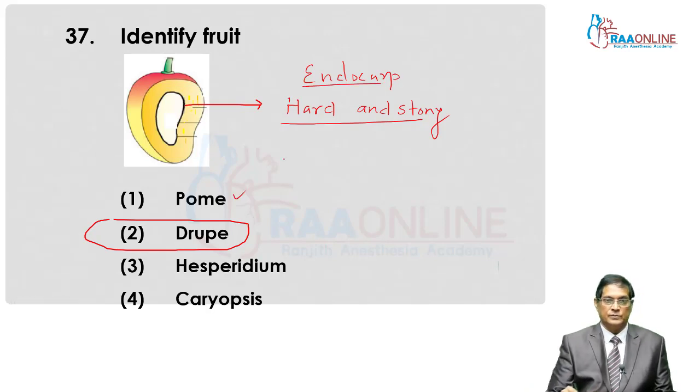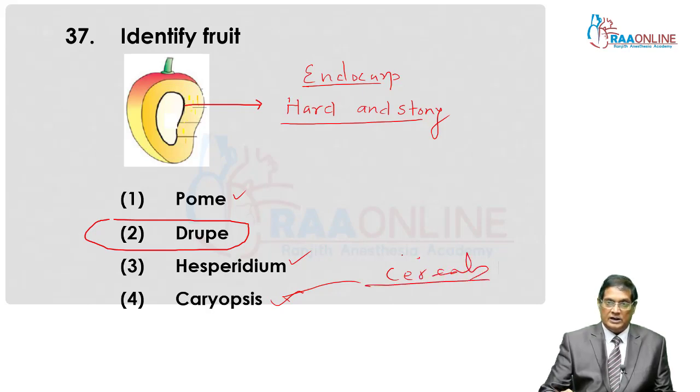Pome is false fruit. Hesperidium is found in citrus. Caryopsis fruit is found in cereals. This type of fruit is seen in cereals. And there is a speciality of Caryopsis fruit.